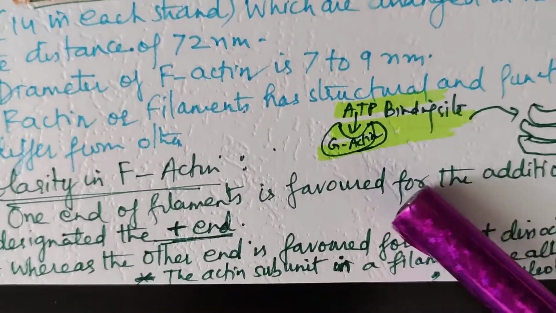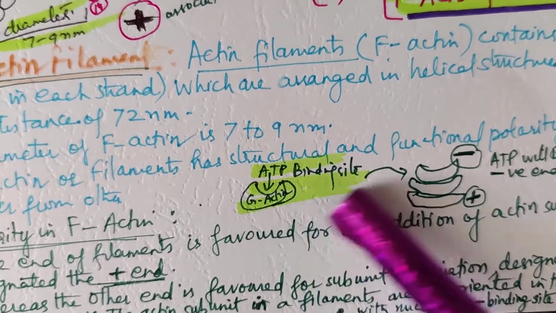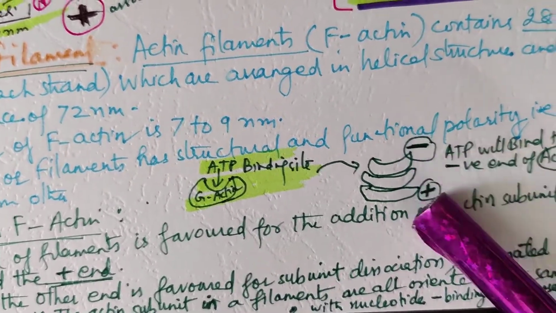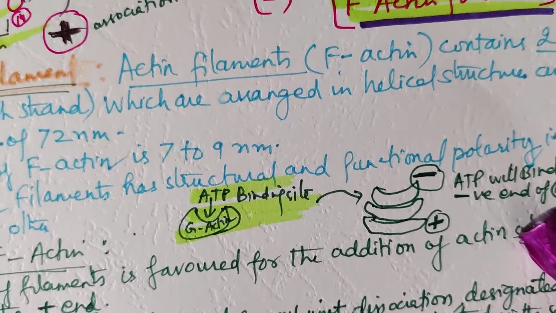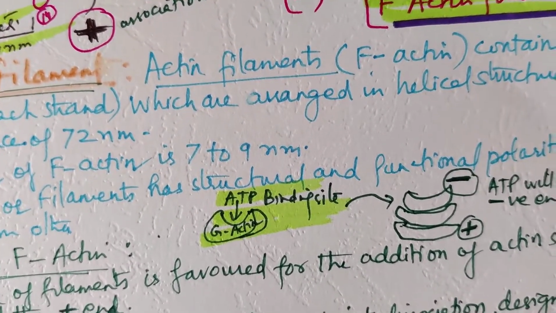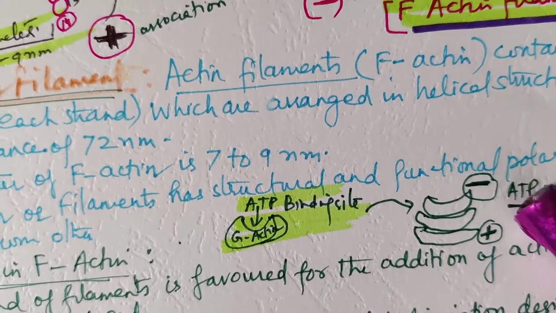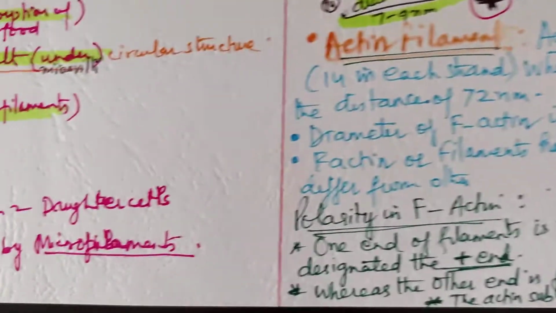Here also I have shown one small diagram. The ATP binding site on G-actin, and when they bind together, the negative and positive parts are shown. ATP will bind towards the negative end of actin G. Only at the negative end will the ATP bind, no other place.